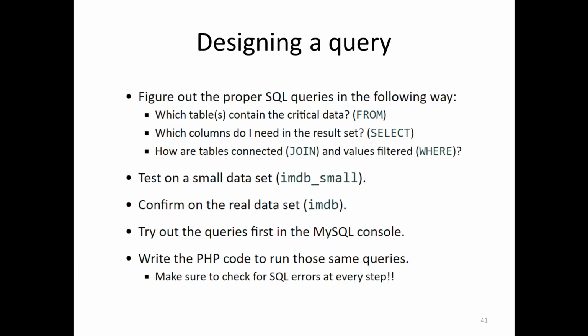Designing a query, there is no one set of rules for that, but I would suggest you first start from the critical table, the table that you would like to start from. Specify that table, and then connect that table through primary key and foreign key relationships to other tables.